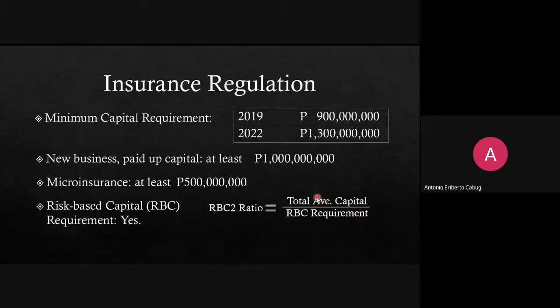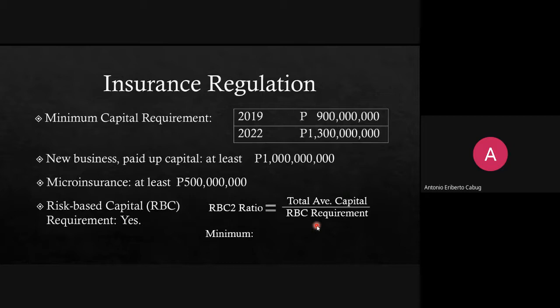Lahat ng tier, ha? All tiers are included here. RBC2 ratio: total available capital over RBC requirement. As I've told you, the RBC requirement is a very complex calculation that involves a lot of square roots. I'm not going to test you on the calculation of the RBC requirement anymore.